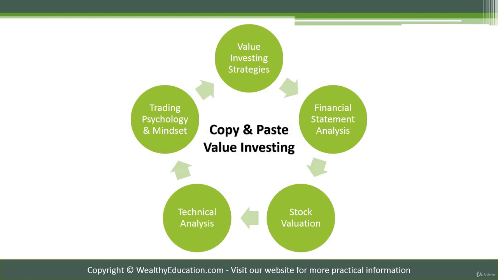That is to say, you'll need a system. You'll need a set of investment criteria for evaluating and picking undervalued stocks. By having a system, you can make sure that all the companies you choose are rock-solid companies, and you can easily automate your stock analysis and valuation process. You can either build your own system or simply follow our copy and paste value investing system.